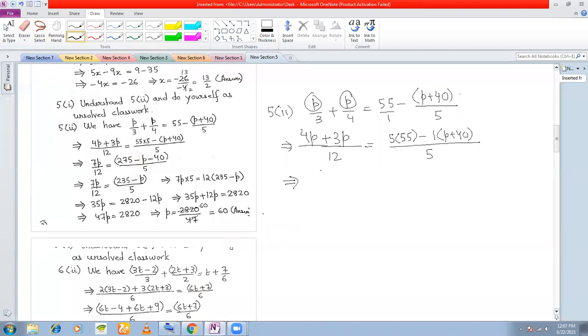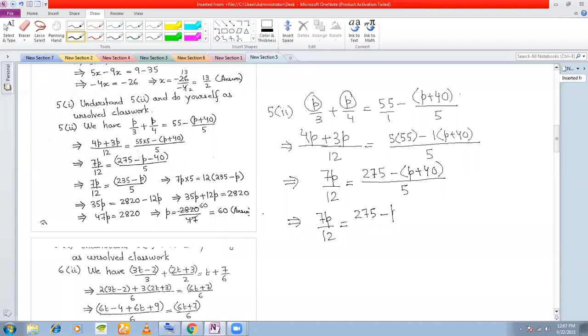So 4p plus 3p is 7p divided by 12. 55 into 5 is 275 minus (p + 40). 1 into (p + 40) is p plus 40 only, divided by 5. Now we write this as it is, 7p by 12. On the right hand side, we open the brackets.